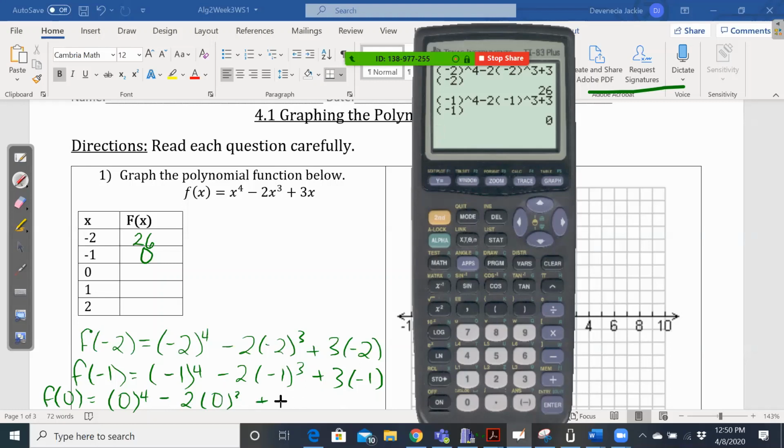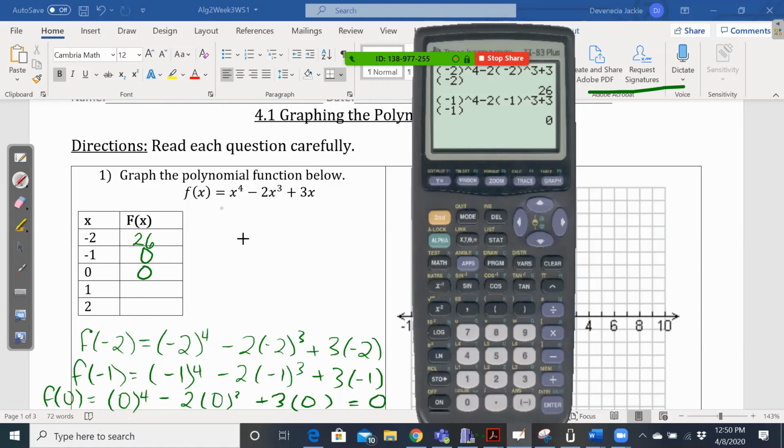So with this one, everything's being multiplied by 0, and if anything's multiplied by 0, it's going to end up as 0. So that's my next coordinate.